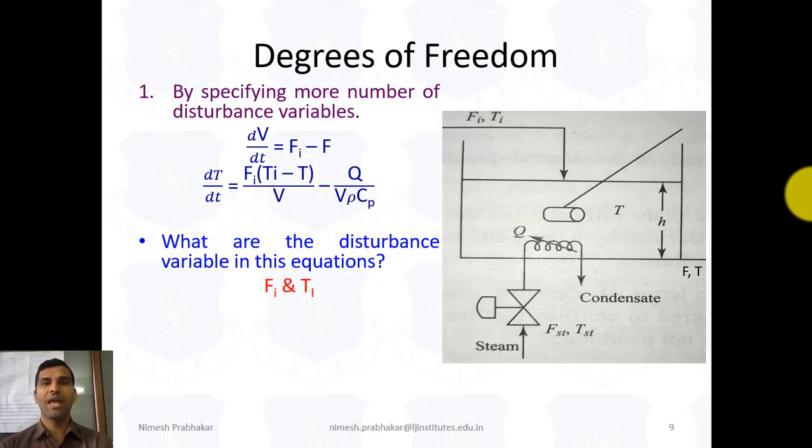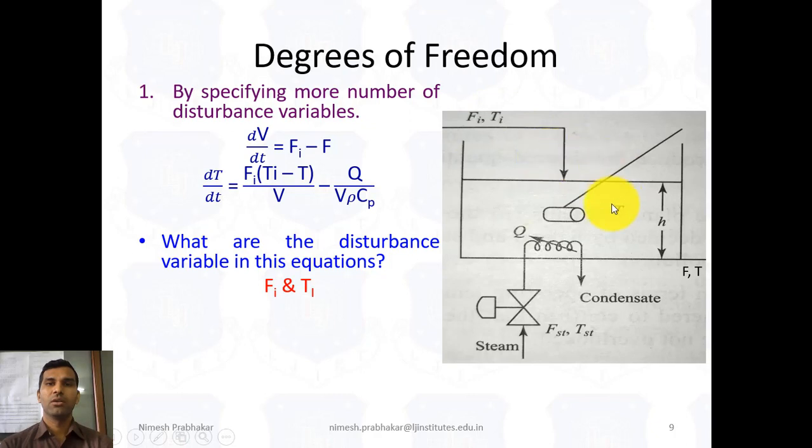So Fi and Ti are disturbance variables, because we know V and T, that means the volume inside this tank and the temperature, are our control variables, and disturbance occurs due to Fi and Ti.